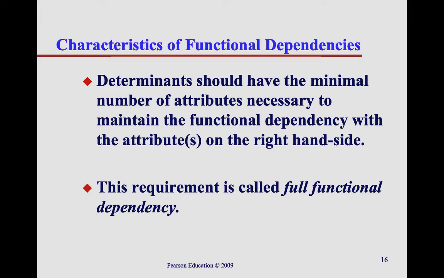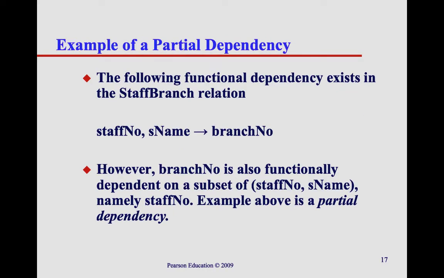We have the same thing here, which is something called a full functional dependency versus a partial functional dependency. A full functional dependency has the minimum number of attributes necessary to maintain the functional dependency. A partial dependency has extraneous attributes on the left-hand side.